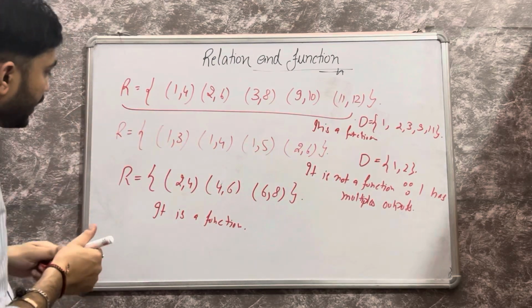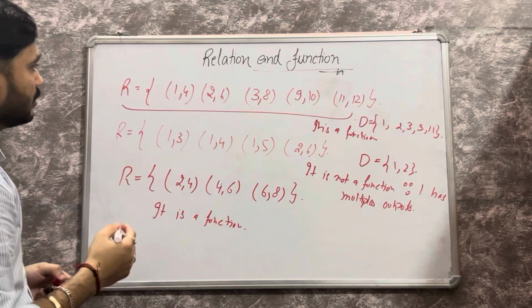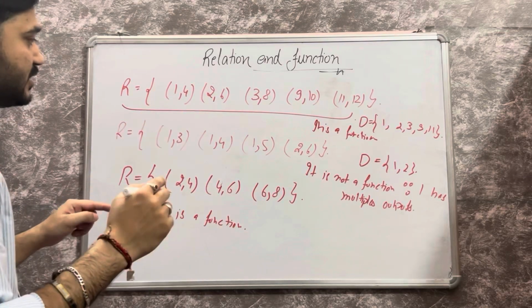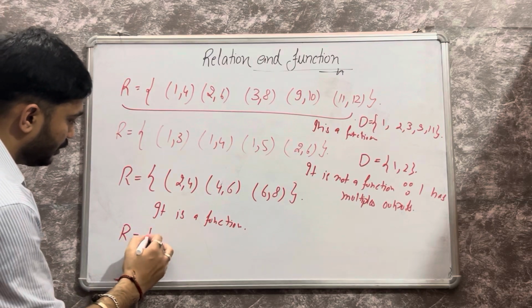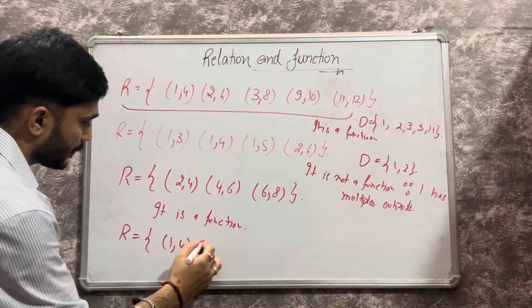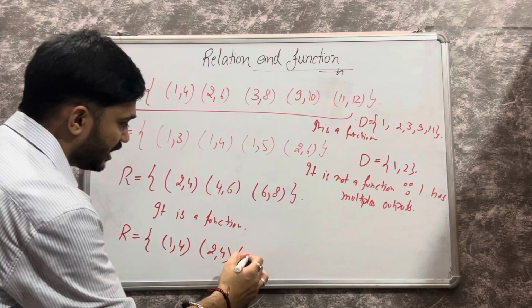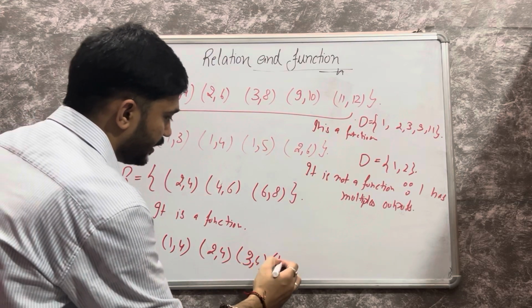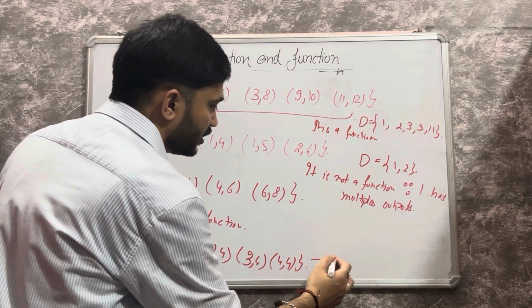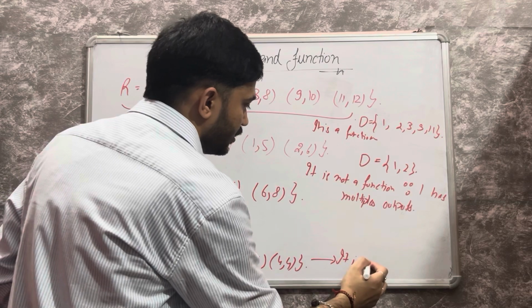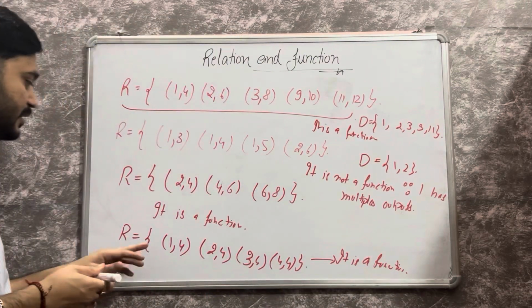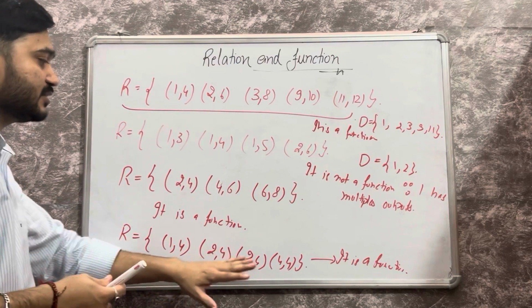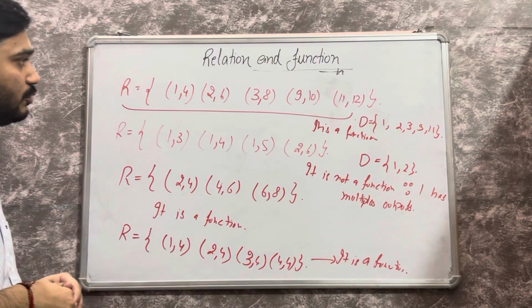If different inputs have different outputs, it is a function. And if different inputs have the same output, it is also a function, because all the different inputs have the same output. Any doubt?